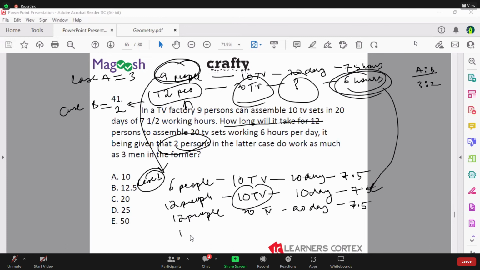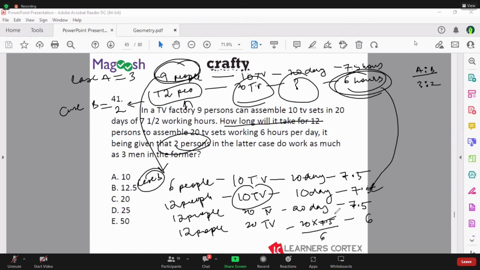So 12 people, 20 TV sets. If it was 1 hour, it would have been 20 times 7.5 days. And if it is 6 hours, then over 6 here, this would have been the number of days that would have been taken, right?